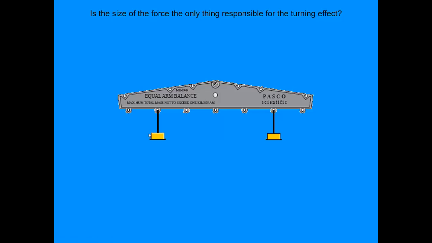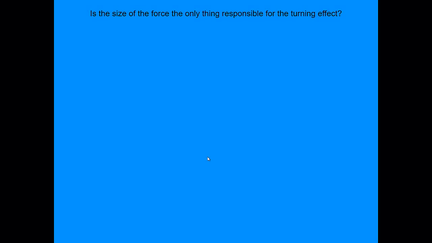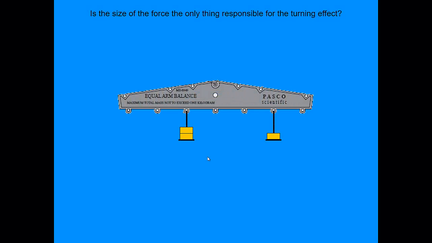But is the amount of force that we're putting on each spot the only thing which determines the turning effect, or even whether it turns or not, or whether it's balanced or not? What if I took this one and moved it here? Whoop. Now it's not in balance anymore. So it appears that in terms of turning effect, there's more going on than just how much force you apply.